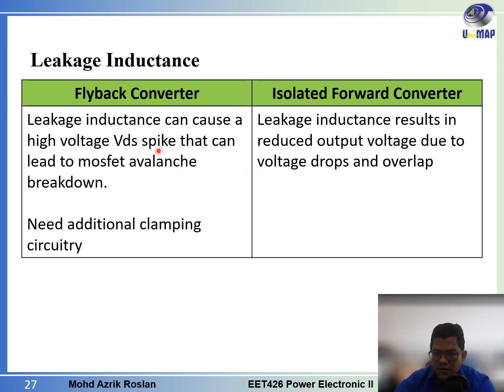But the leakage inductance will impact the flyback converter by causing a high voltage spike, and this can lead to MOSFET avalanche breakdown, which is a total breakdown, and this will cause damage to the MOSFET. To avoid this, we need to have an additional clamping circuit.